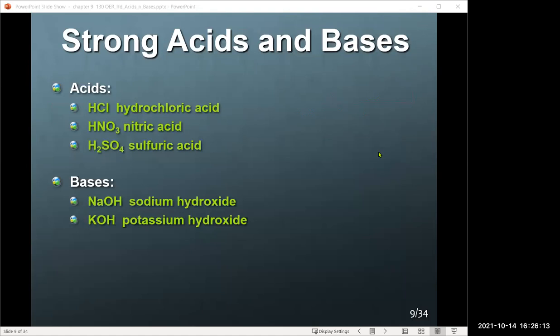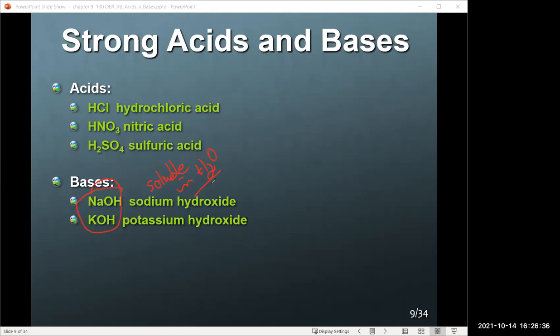In fact, there are more strong bases, and the reason they're called strong bases, we're going to learn in this chapter, is because these ionic compounds are soluble in water, as defined by the solubility rules.